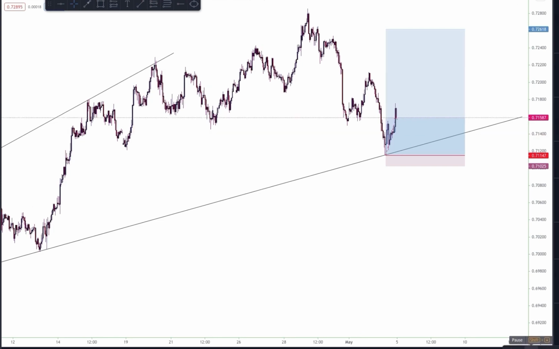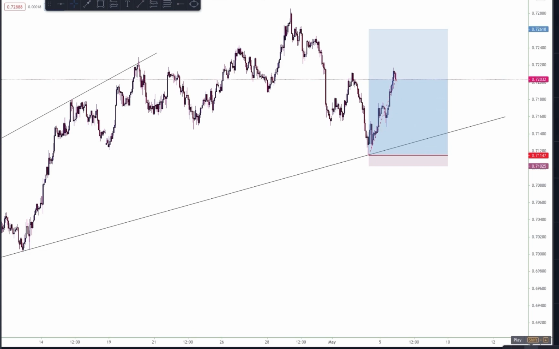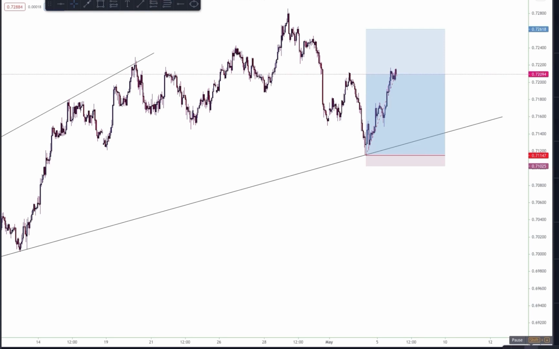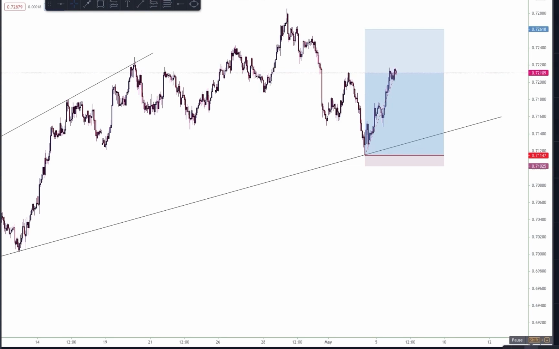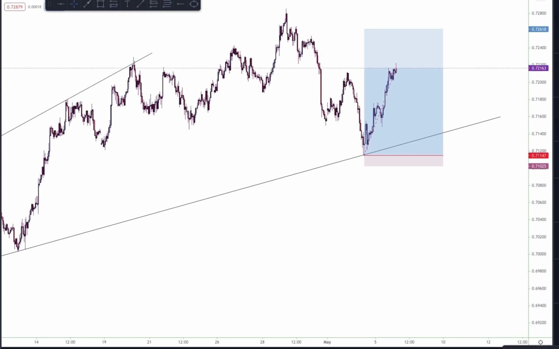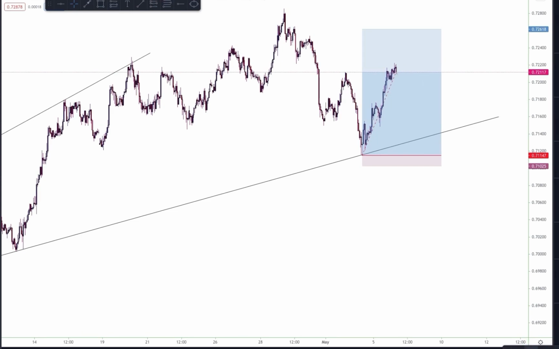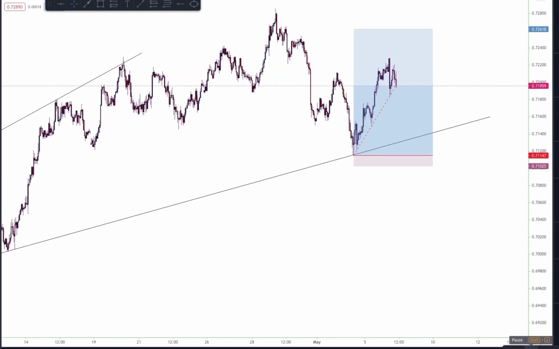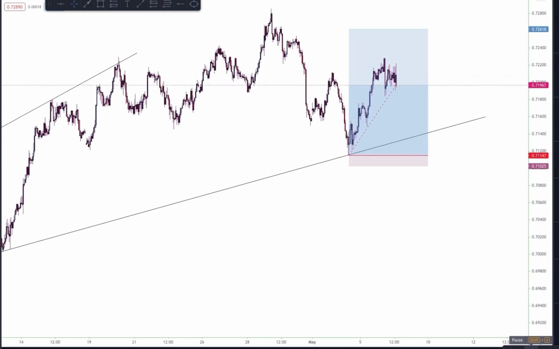So let's play the market very fast. Market is already in profit. Allow your take profit to hit.